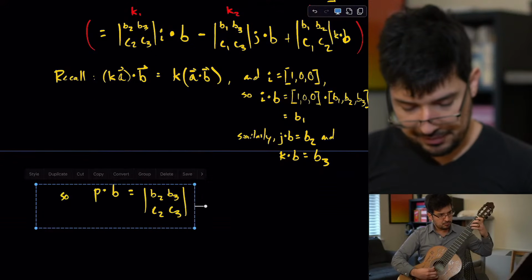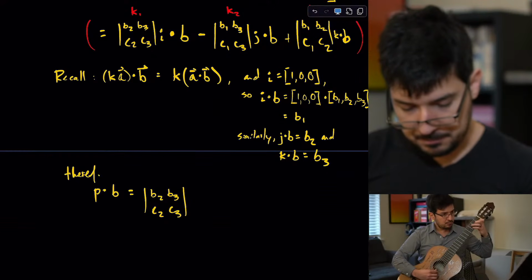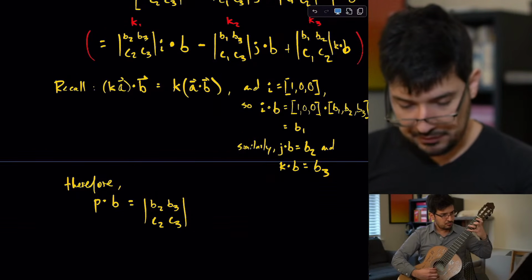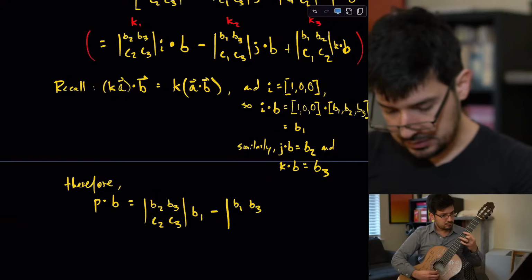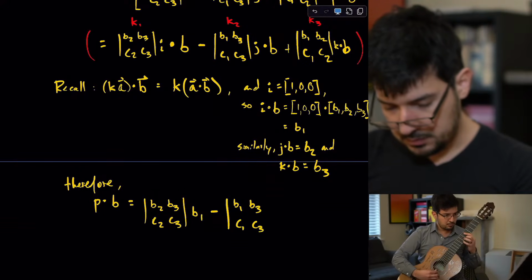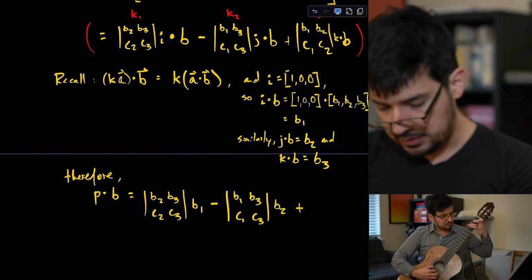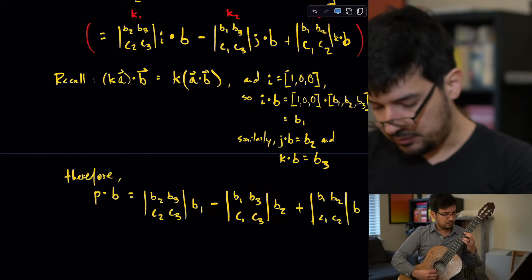Okay, so now we have those mathematical facts, and therefore, P dot B is the determinant of this minor matrix times B1 minus the determinant of this minor matrix times B2 plus the determinant of this last minor matrix, B1, B2, C1, C2 times B3.